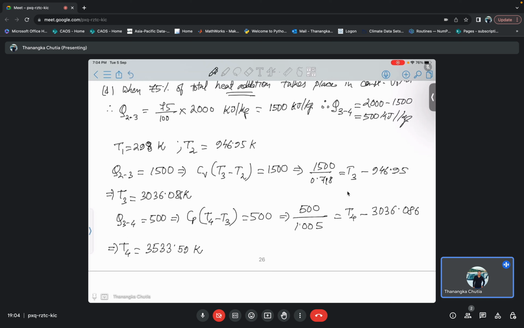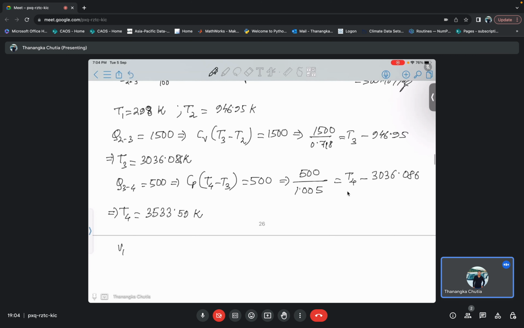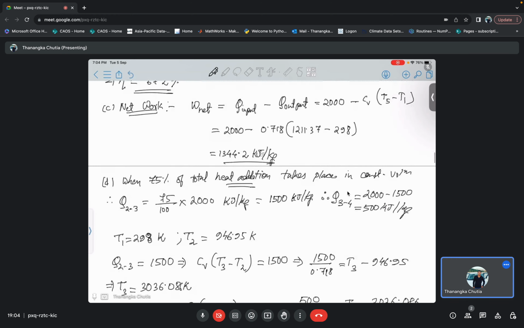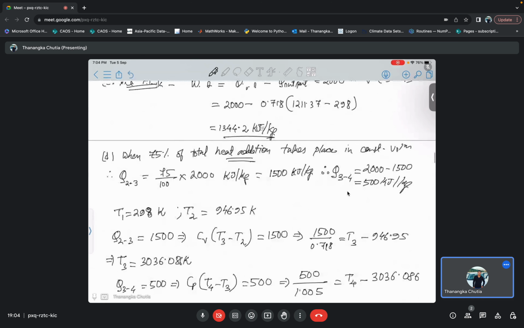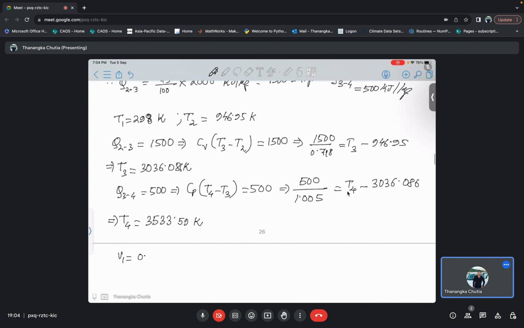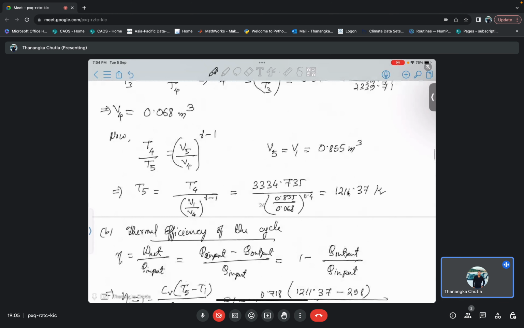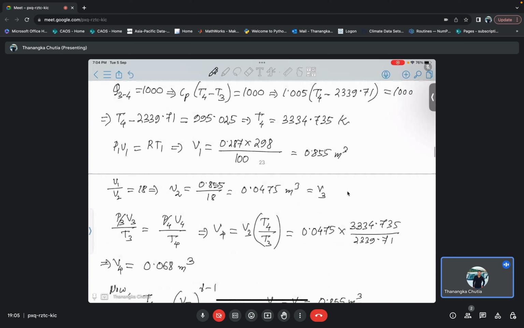Now again to calculate T5 we will require the volume, and for that your V1 will again be the same. There will not be any change: 0.855 meter cube, and this will also be equal to V5. Your V2 will be equal to the earlier V2 because the process 1 to 2 is not affected.